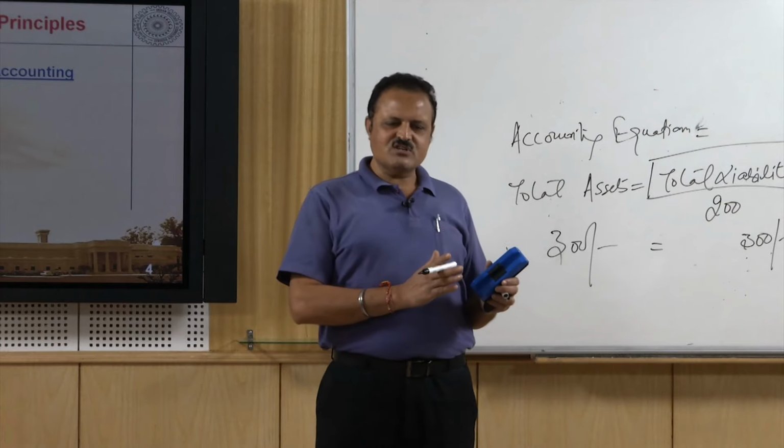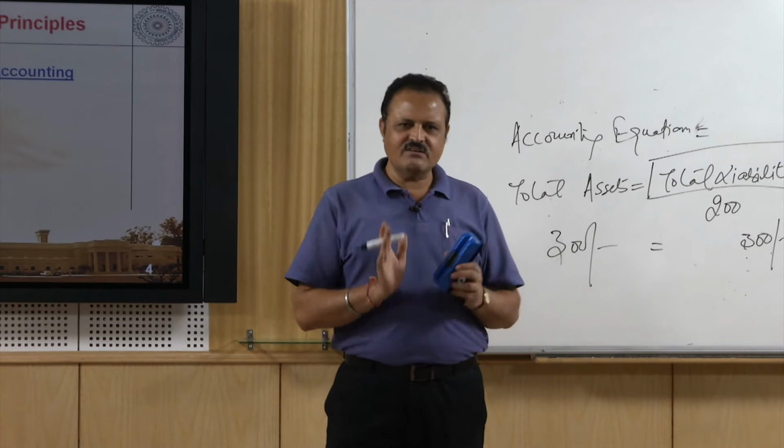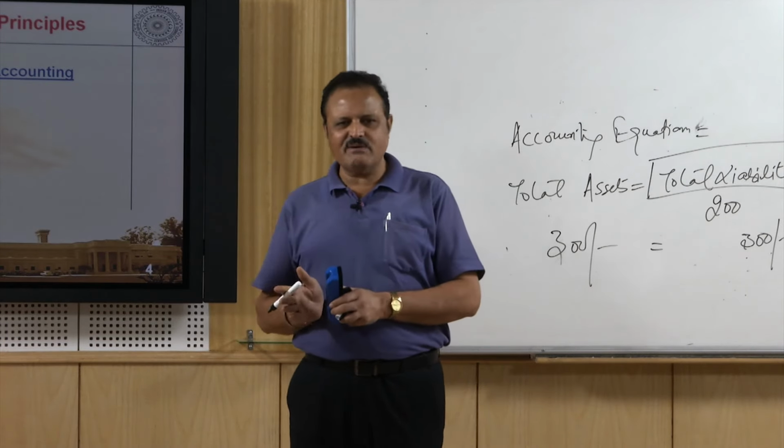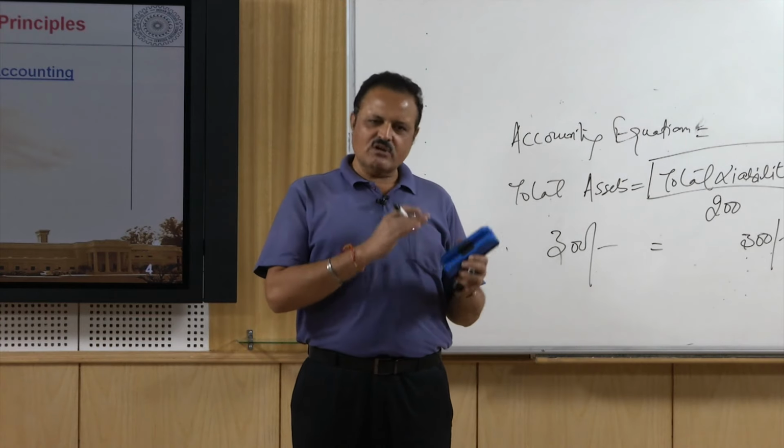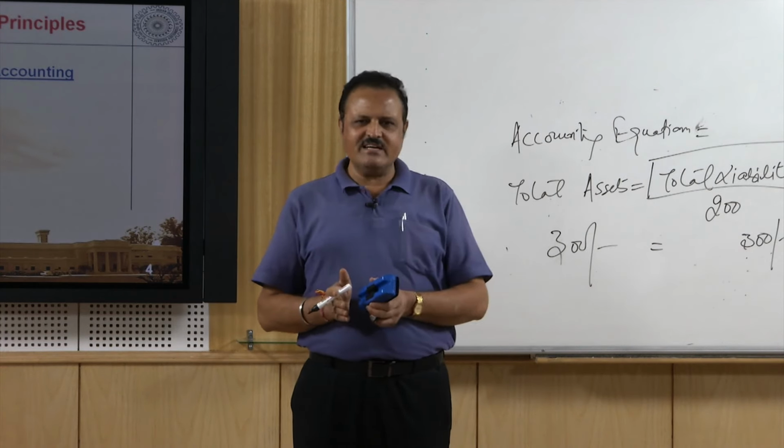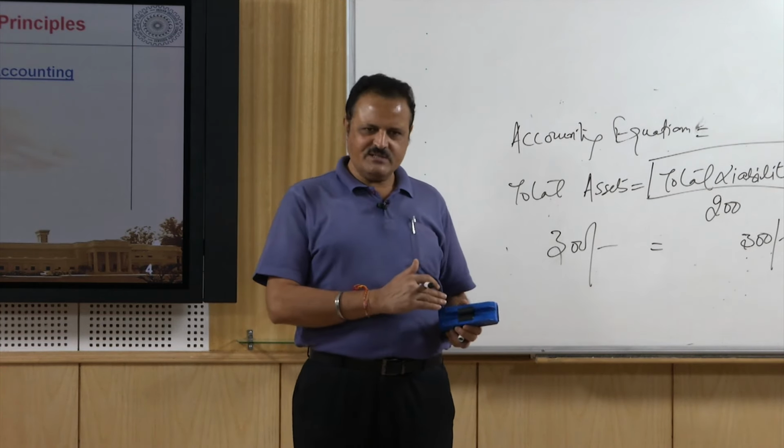In the sole proprietorship, the owner as well as the business are one and the same thing. Business is recognized by the owner and the owner by the business. So, liabilities of the owner are the business liabilities and the business liabilities are the owner's liabilities.